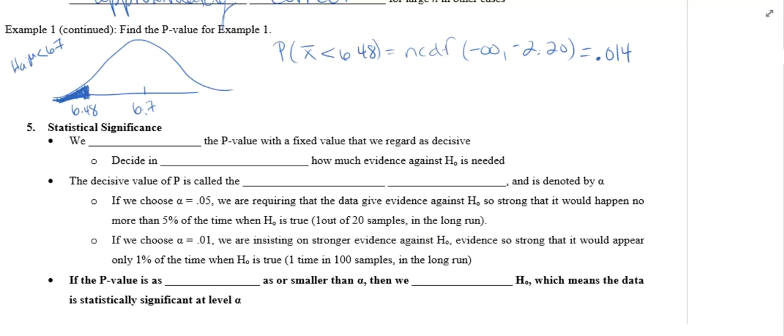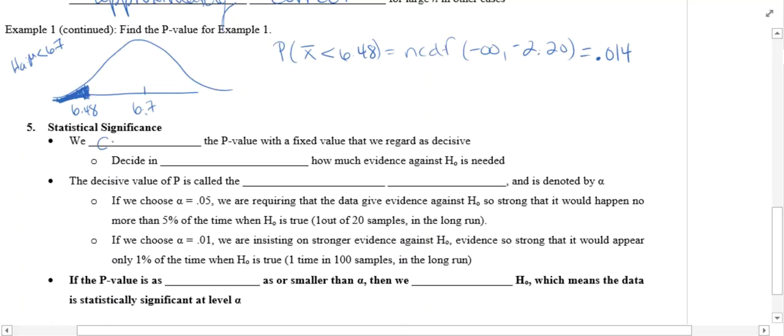Now we're going to come to something that's a little bit newer, and this is where we have our cutoff value for what we consider could have plausibly happened versus it's very unlikely to happen. This is called whether it's statistically significant. So we're going to compare the p-value, this answer that we just found up here, to a fixed value that we regard as decisive.